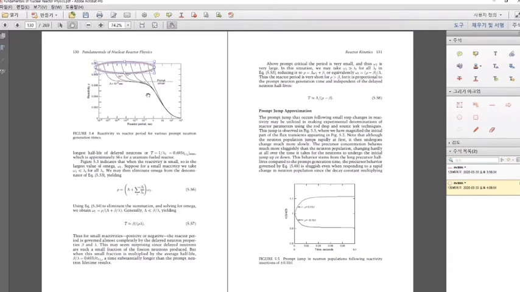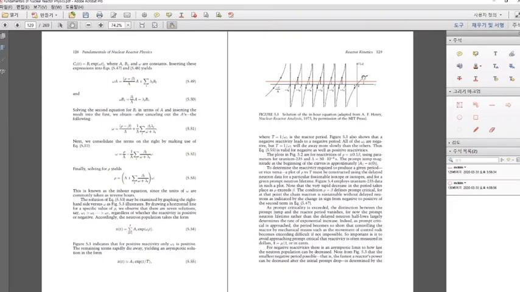So above prompt critical, that means, once again, if we go back here, then of course above prompt critical, omega 1 will be very, very large compared to all lambda i's.